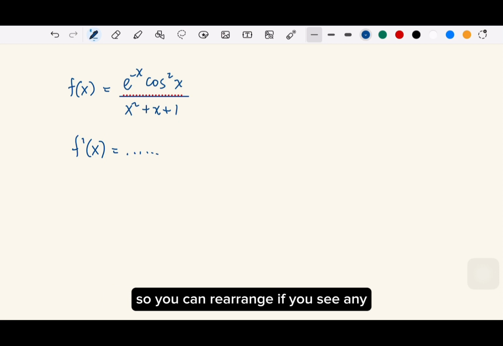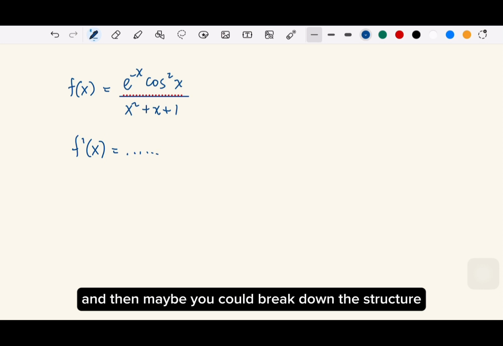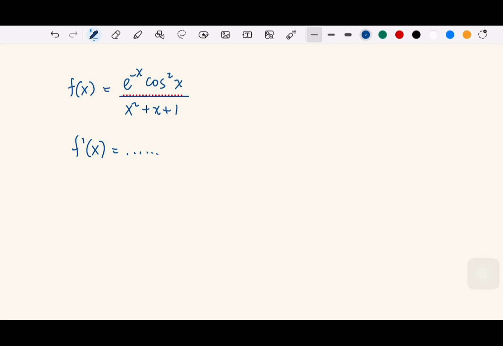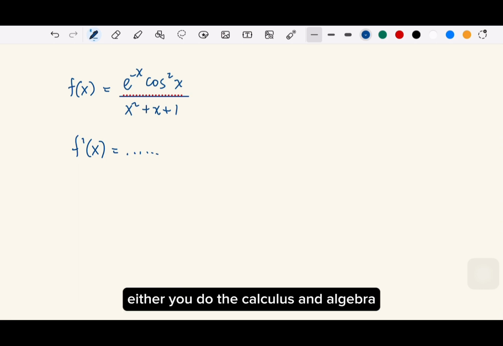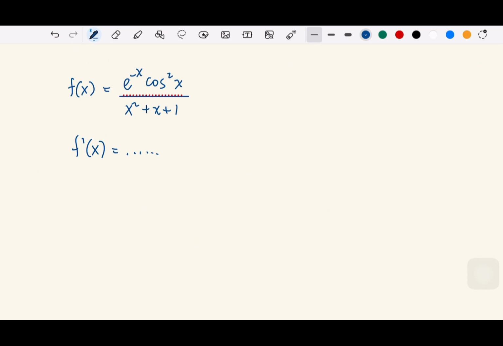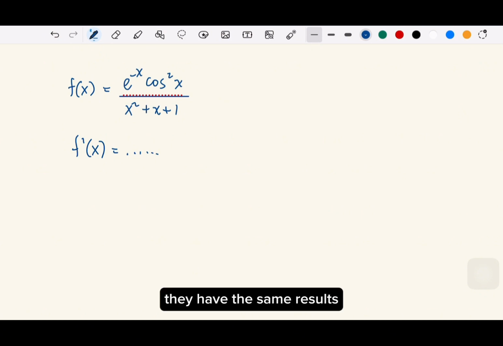If you see some patterns in the structure, you could break it down, and then maybe it will be more simplified. Both methods, either calculus and then algebra, or algebra first and then calculus, have the same result.